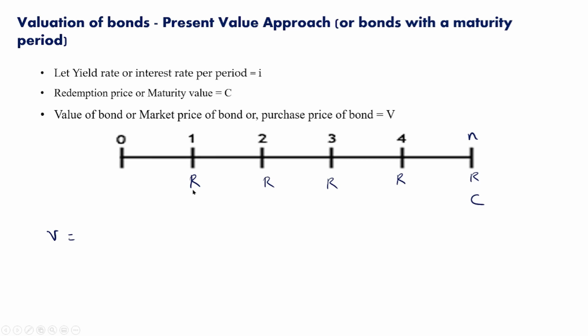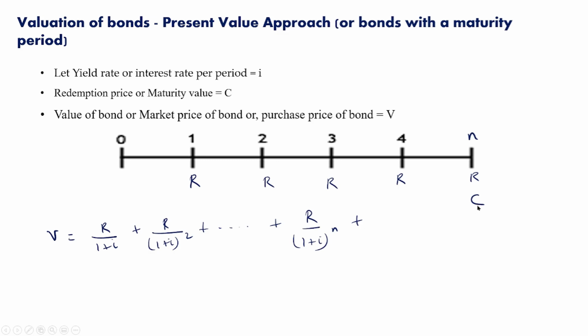So the present value of the interest payment which is made at the end of 1 year is R by 1 plus I, plus the present value of R which is made at the end of the second year, R by 1 plus I the whole squared, plus up to, plus the present value of the payment which is made at the end of the nth time period, R by 1 plus I the whole raised to n, plus here we have the redemption price.